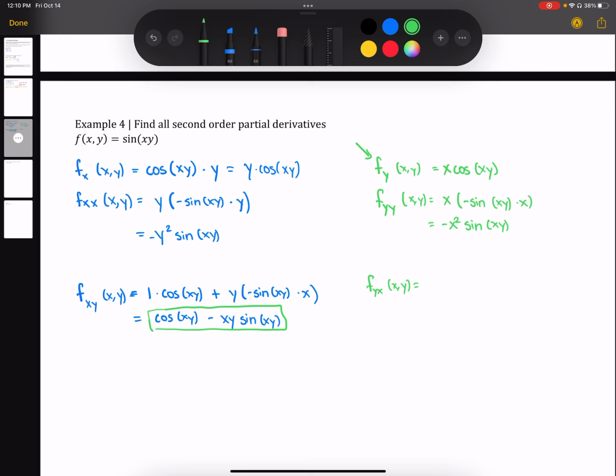The derivative of x is 1, we multiply by cosine xy plus x times the derivative of cosine xy, which is negative sine xy times the derivative of xy with respect to x, which means times y. So we end up with cosine xy minus xy sine xy. So notice again, we got the same derivative for our mixed derivative. Cool.